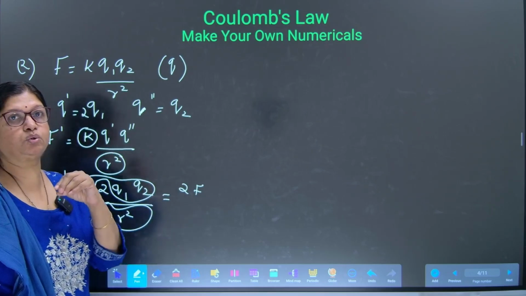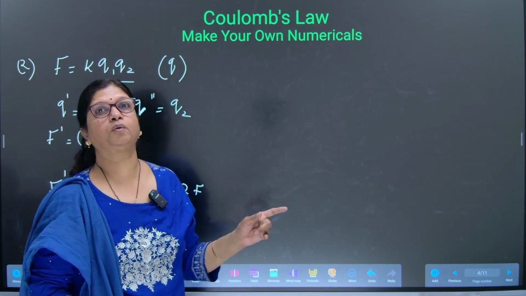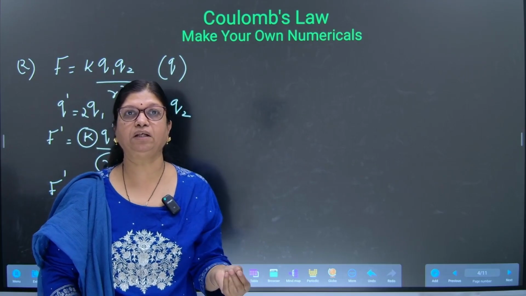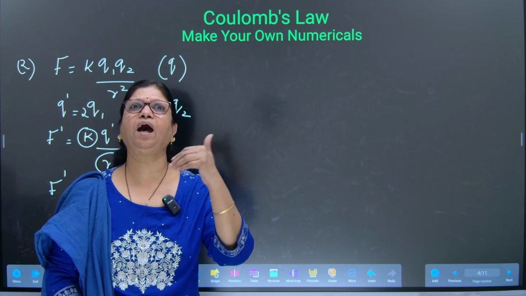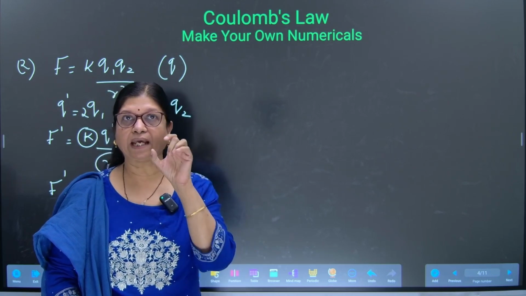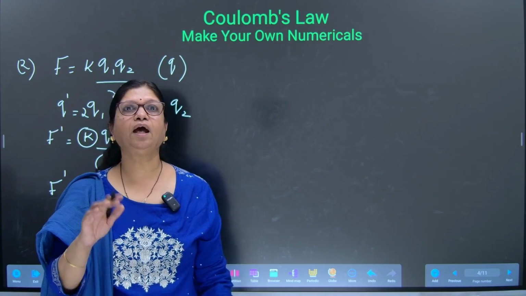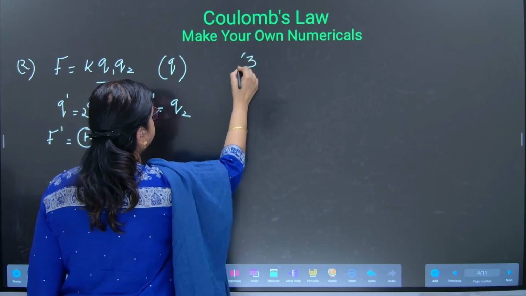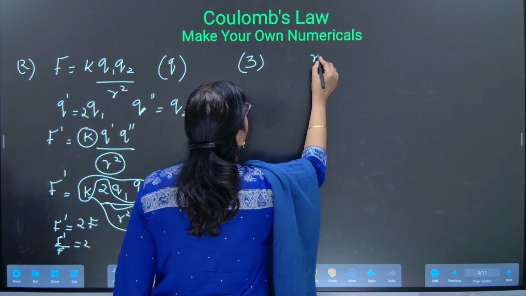Your work is to just substitute the variation in the formula, because normally students have this habit: charges are doubled, force will be doubled, or force will be half. Don't do that. Just take the variation and substitute it in the original formula. Now let us consider another variation of the same formula with the change in R.